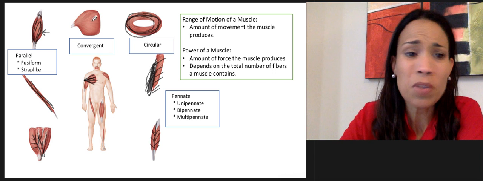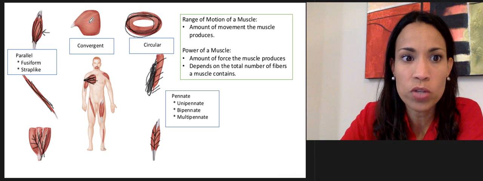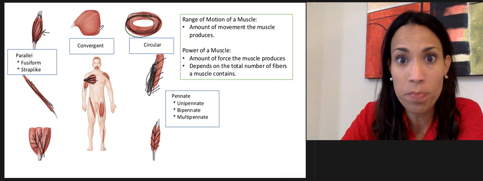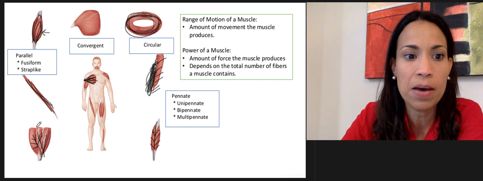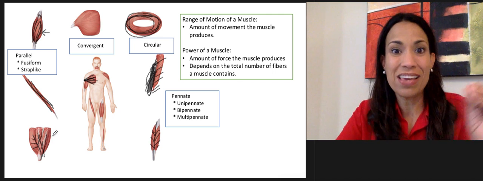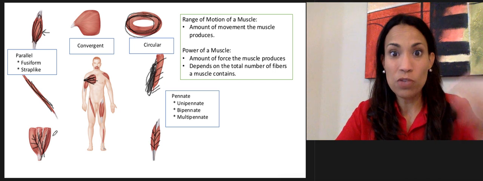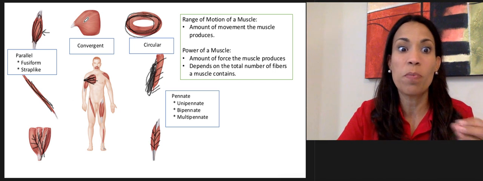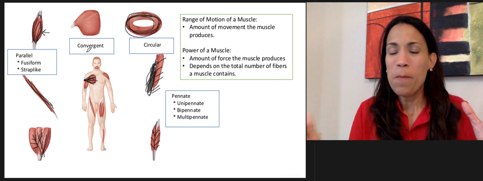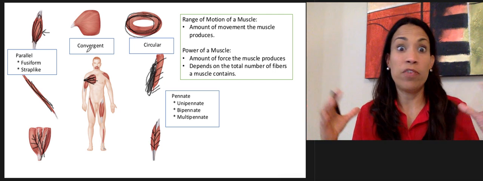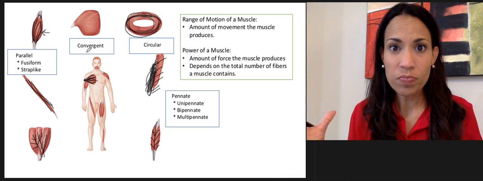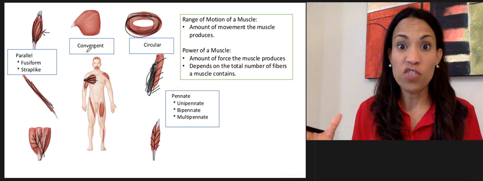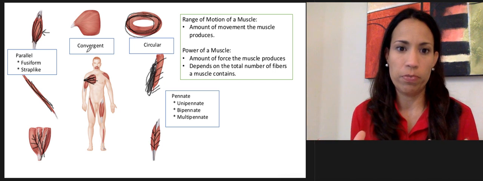The ones that have more fibers per muscle are the convergent and the multipennate, where we can attach muscle fibers following different directions. These muscles are bulkier, so maybe they cannot provide a great range of motion, but they're very strong, very powerful muscles.